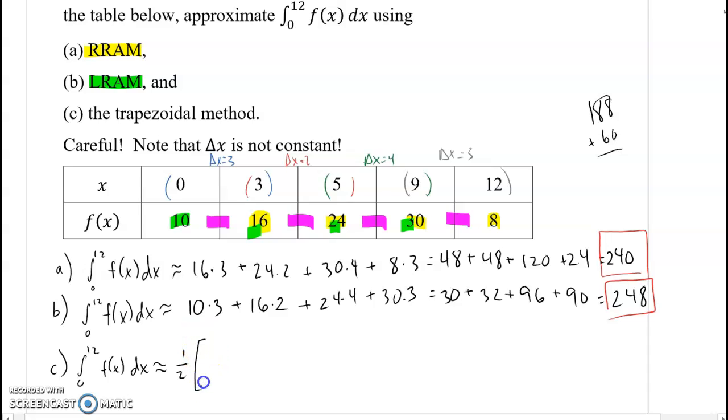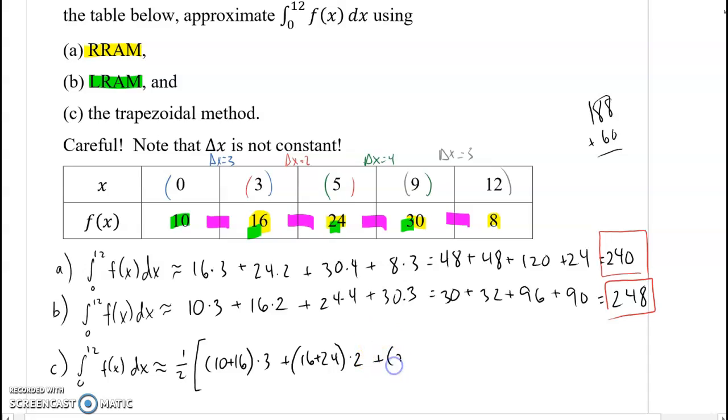So I'll factor out the 1/2, but we can't do that 2 times 16 plus 2 times 24 like we did on the last example because the delta x values are not constant. So be careful here. We're going to go ahead and do 10 plus 16, that's going to be times the delta x value of 3. And then we're going to do 16 plus 24 times the next delta x value of 2.